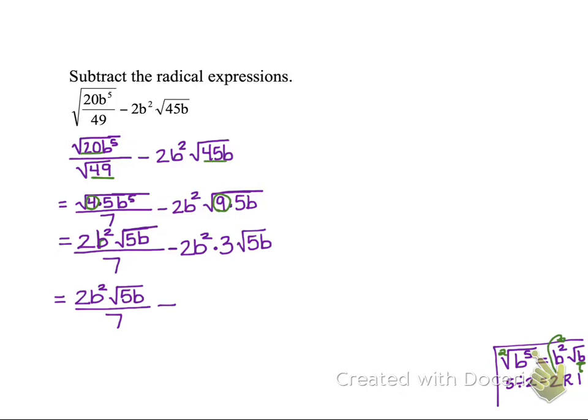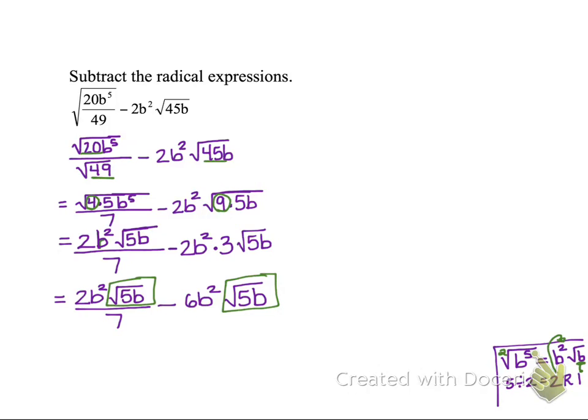Okay, so I have 2b squared times the square root 5b all over 7, minus, now let's simplify here, 2b squared times 3 is 6b squared times the square root of 5b. So what I have here are like radicals. I have the square root of 5b.